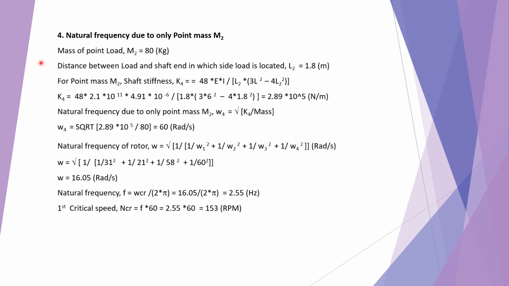Now point number 4, natural frequency due to only point mass M2. Similarly, the mass of point load M2 is 80 kg. The distance between the load and the shaft end, that is on the right hand side, L2, is 1.8.